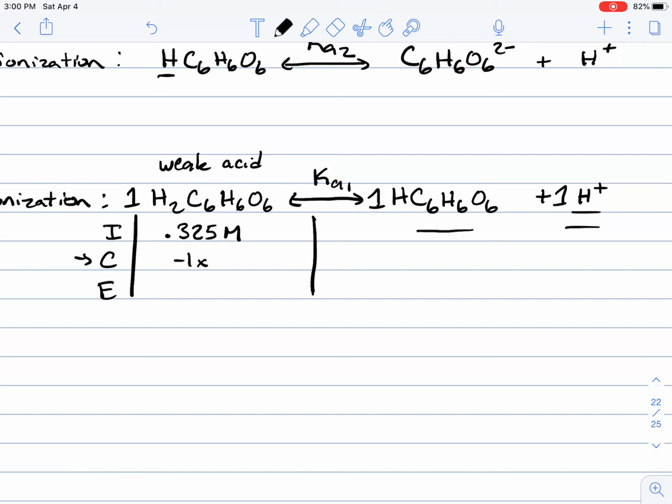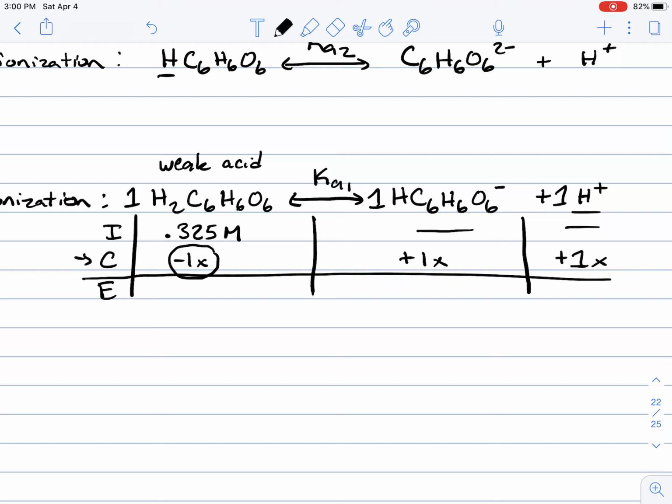And basically, however much is consumed in the process when it reaches equilibrium, that's how much is produced. Okay. And so at equilibrium, we just have 0.325 minus x, and plus x.